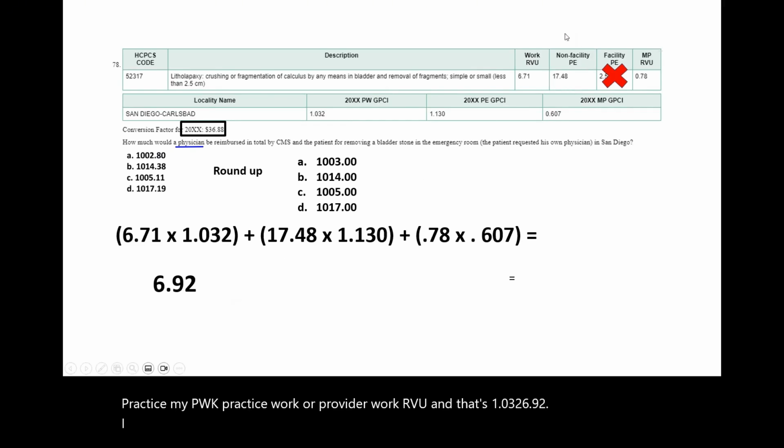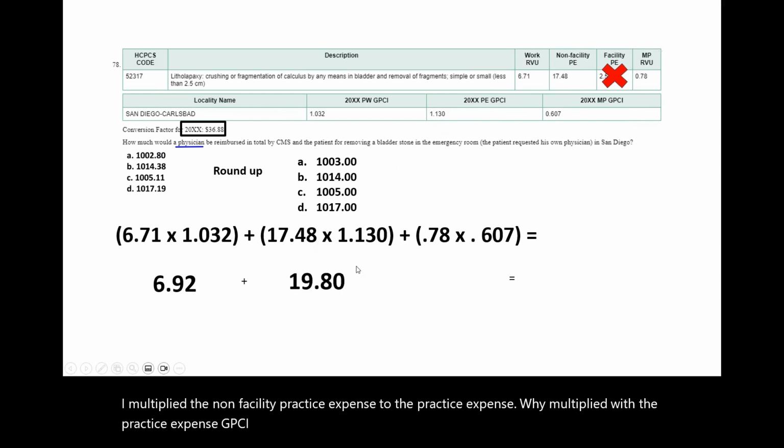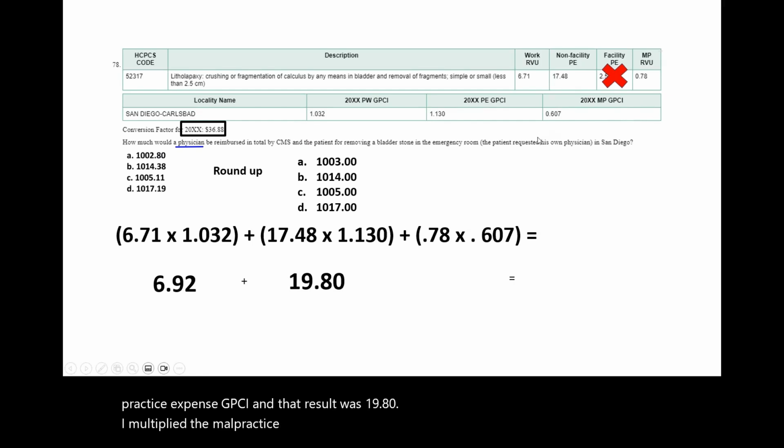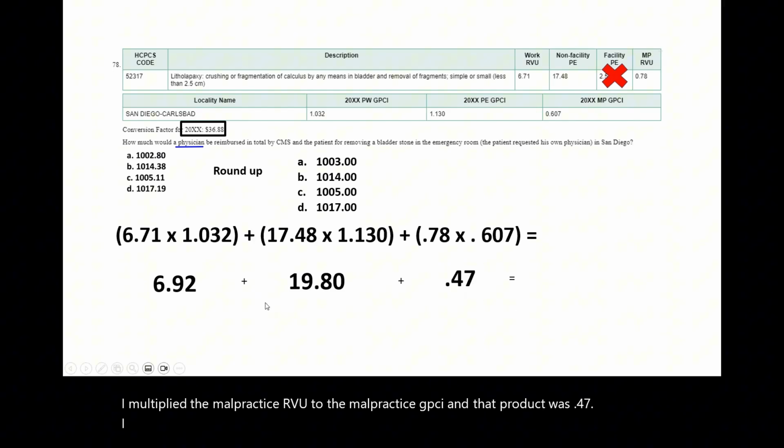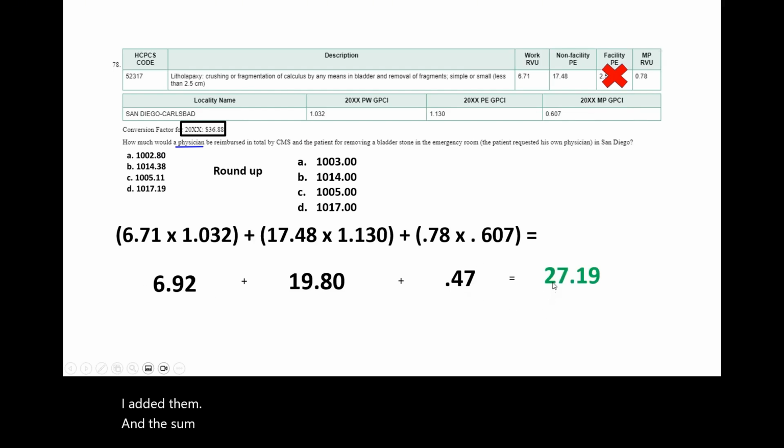I multiplied the non-facility practice expense with the practice expense GPCI, and that result was 19.80. I multiplied the malpractice RVU to the malpractice GPCI, and that product was 0.47.